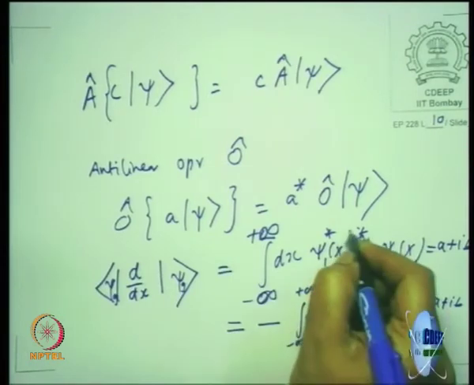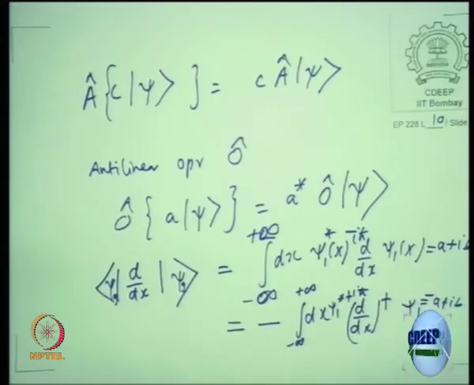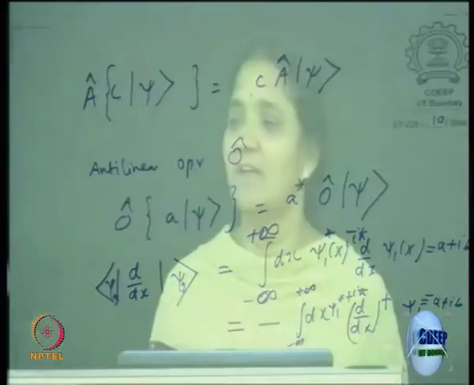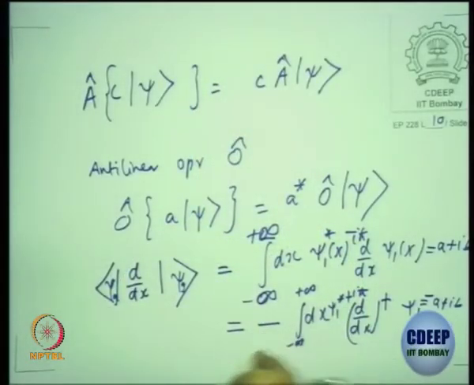Sorry, this is minus iħ, so this will become a plus iħ. You will also come to why it is minus iħ del by del x for the momentum operator. I don't think you know how the derivation goes to show that the linear momentum as an operator has to be minus iħ del by del x. So this plus and this minus will give you the same.